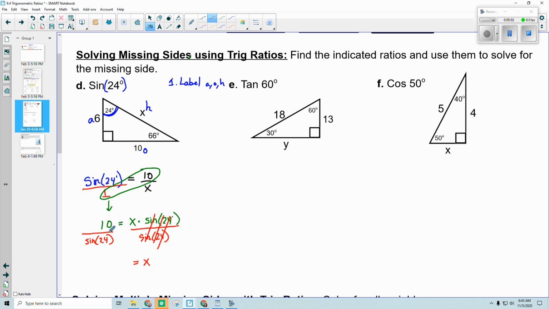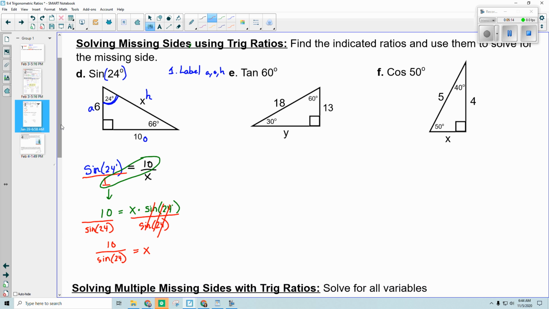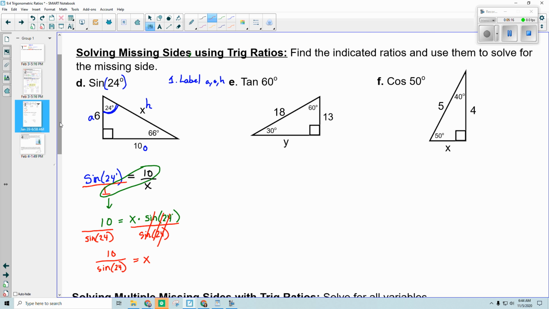And then now this part, the 10 divided by sine of 24, I get to plug this into my calculator. Please, oh please, do not use the calculator on your phone. I really prefer that you use the one in Desmos. It's just going to make your life a lot easier.